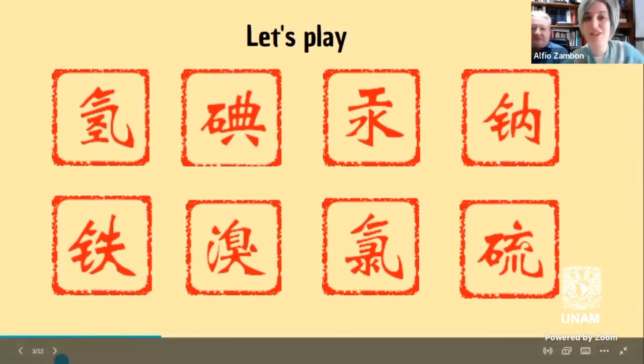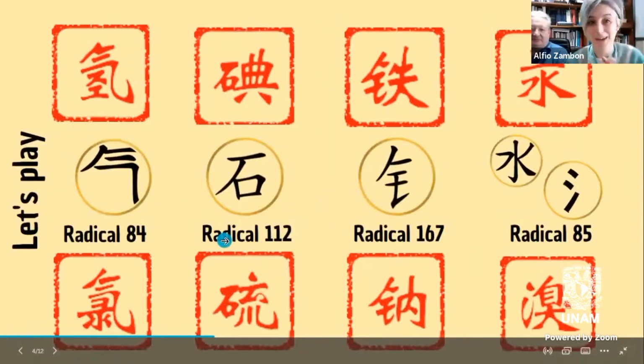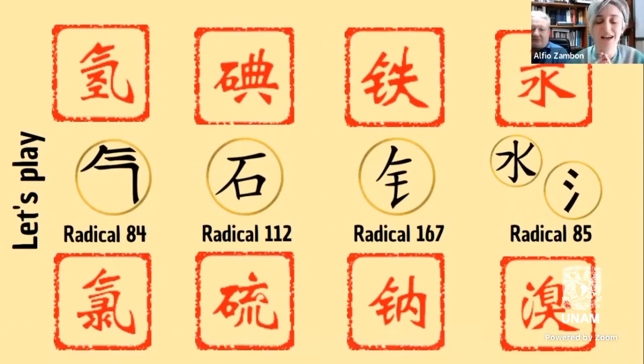Now I'm going to reveal, because I cheated a little bit because I like to have fun when I'm teaching. So here we have the pairs, okay? I intentionally chose 4 pairs of different symbols, different Chinese characters, and they share what in Chinese is called a radical or a root.